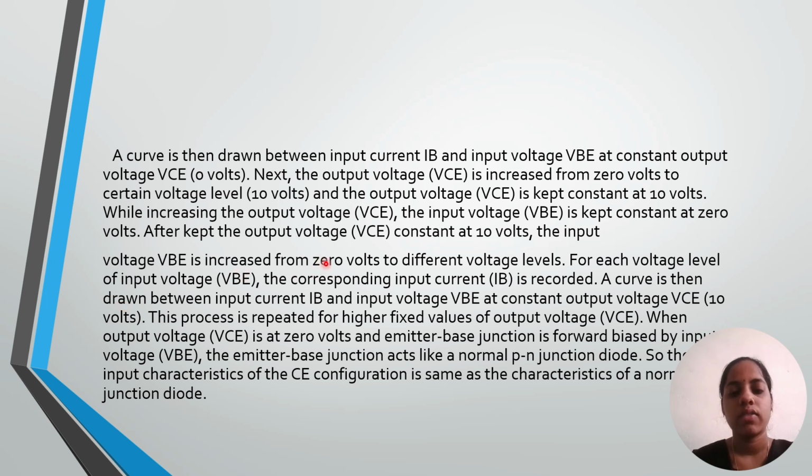For each voltage level of input voltage VBE, the corresponding input current is recorded. The curve is drawn between them. This process is repeated for higher fixed values of VCE. Already we have seen this in the previous slide.